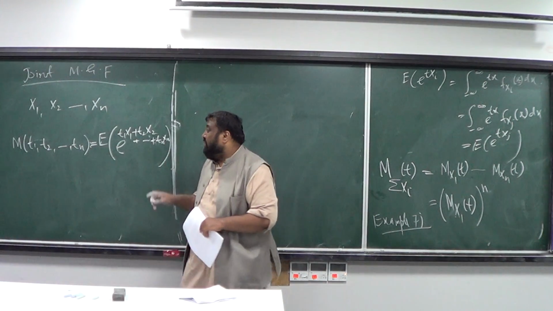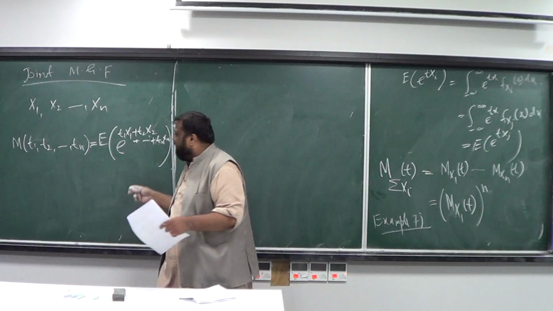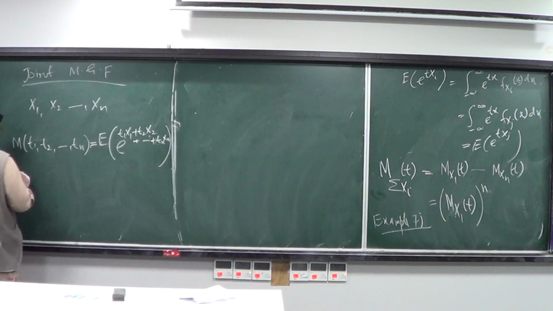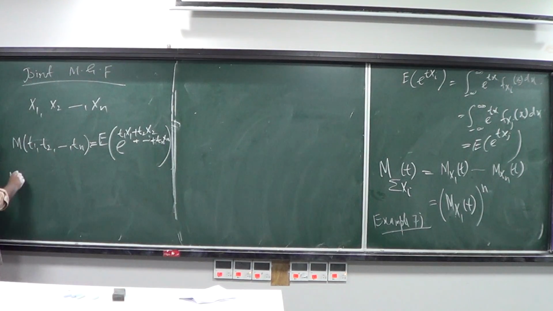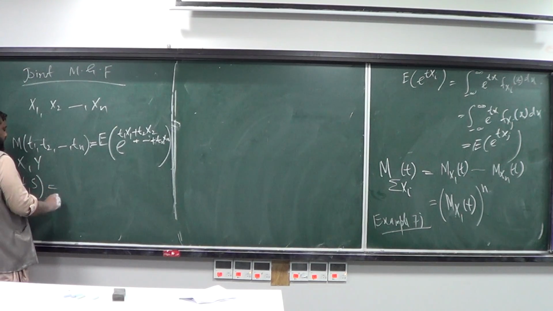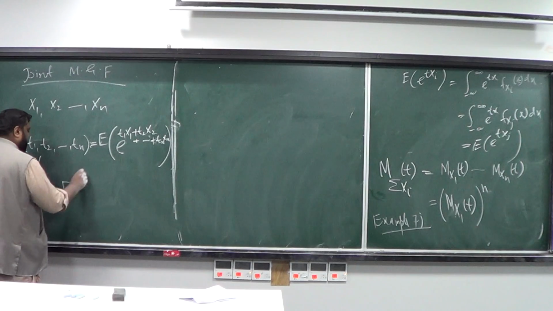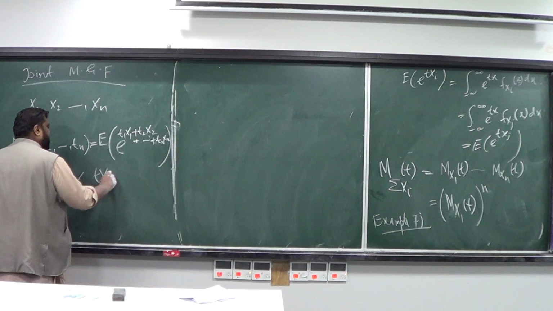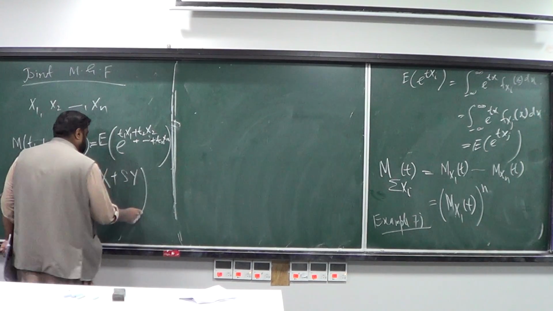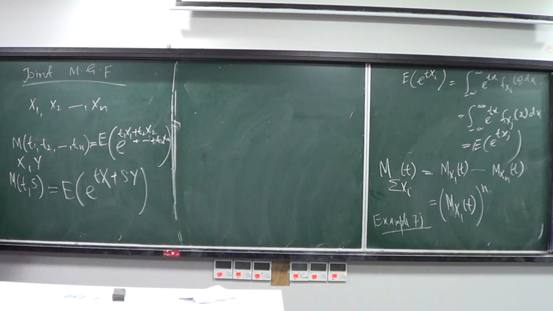For example, if I am asking what is the moment generating function of the joint of two random variables x and y, it's going to be a function m of two variables, equal to the expectation of e to the tx plus sy. This is going to be the moment generating function of x.